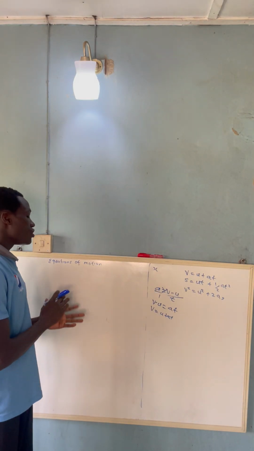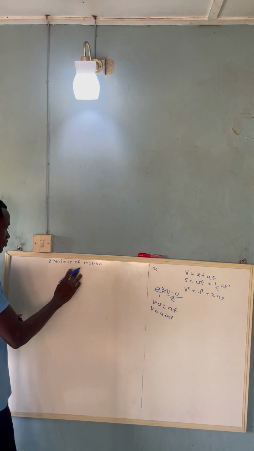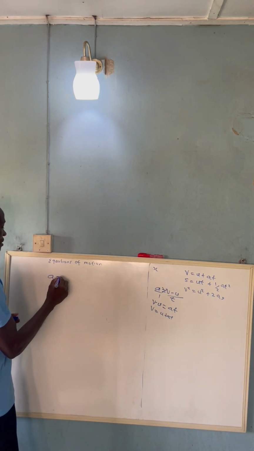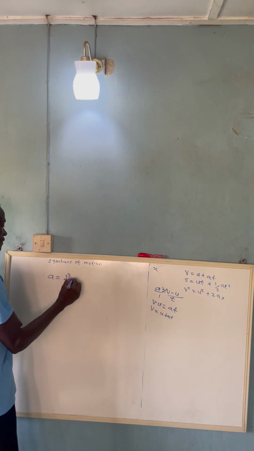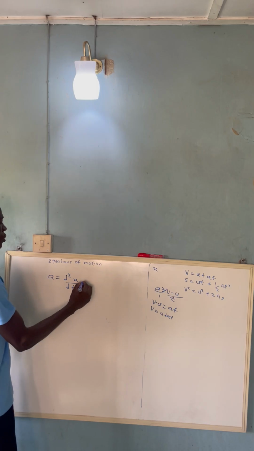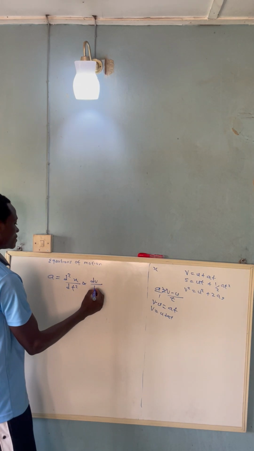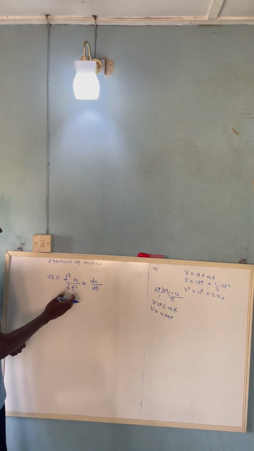But here we are going to be using acceleration in derivative form. Acceleration has two formulas. Acceleration can either be the second derivative of displacement, which is d²x/dt², or the first derivative of velocity, which is dv/dt. These are the two formulas for acceleration.